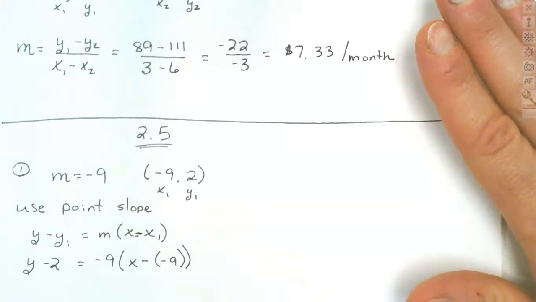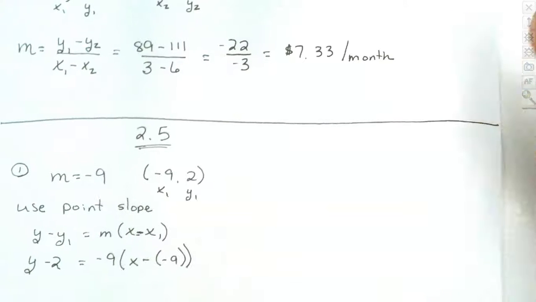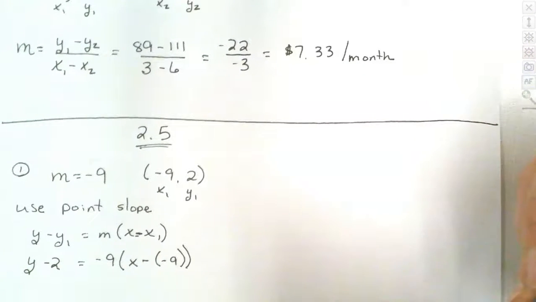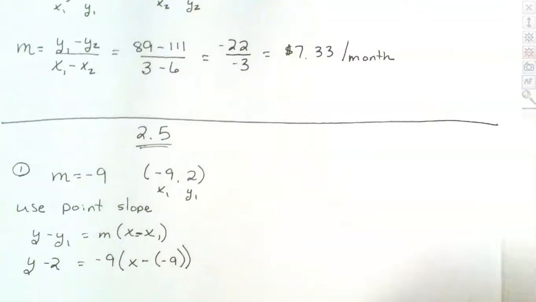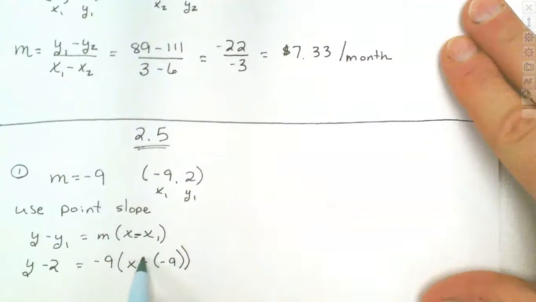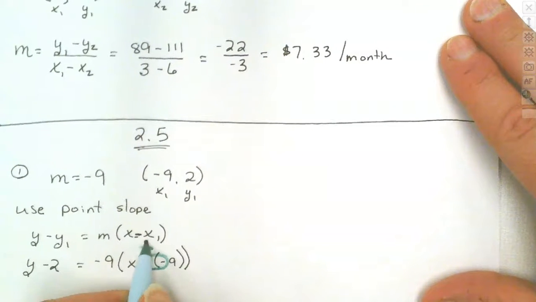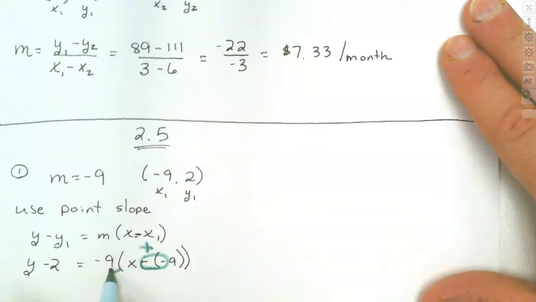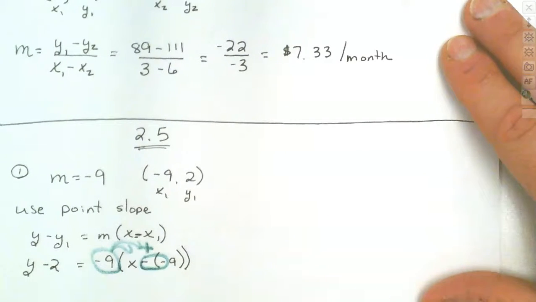Where you want to be really careful at is the negatives, the signs. So we have some double negatives here. And this double negative here is going to make that positive, and we still have to distribute that -9 through.